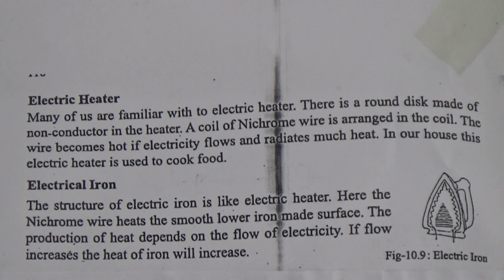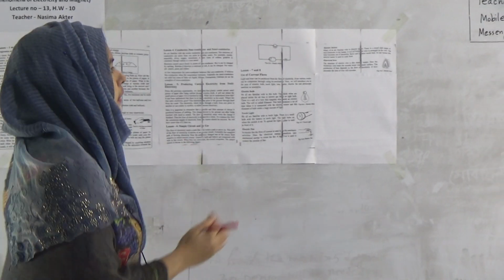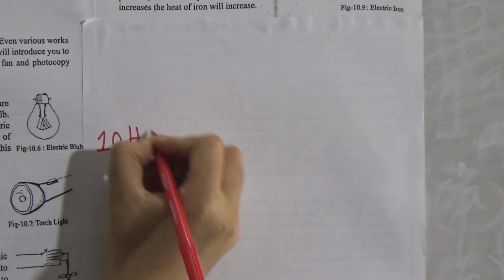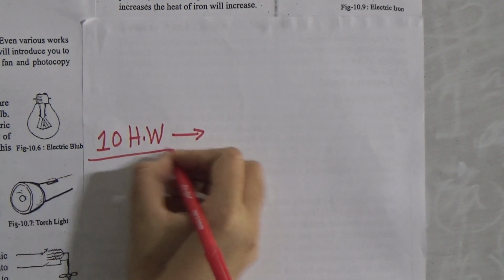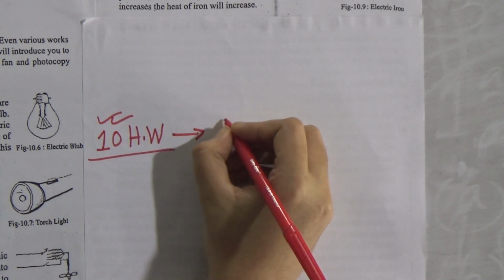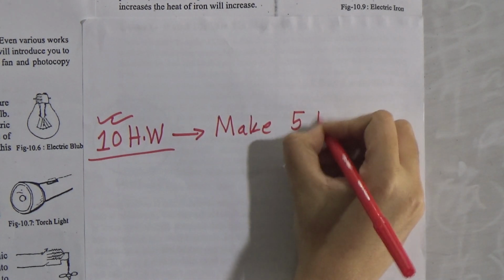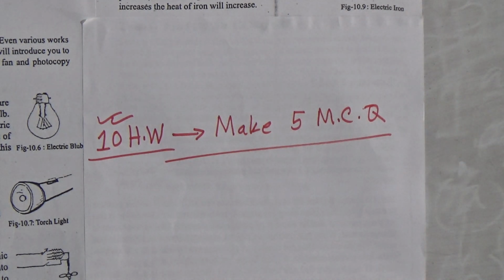So dear student, now I have finished today's topic. Now I will give you SW. Our today's SW is number 10 SW. Remember that when you do your SW, please write down the SW number, and your SW will be to make 5 MCQs based on this topic.